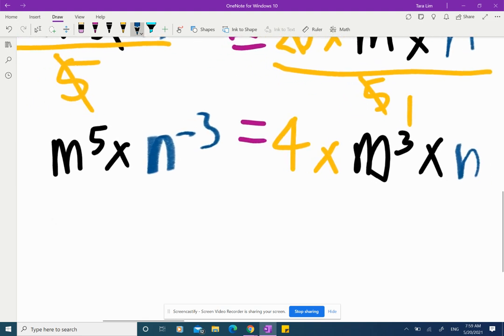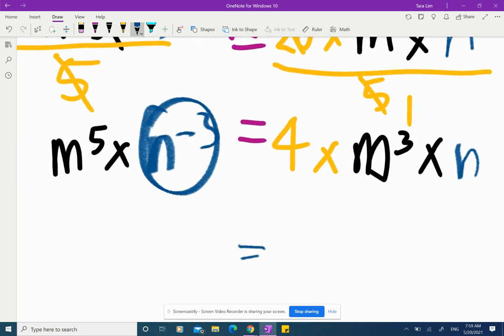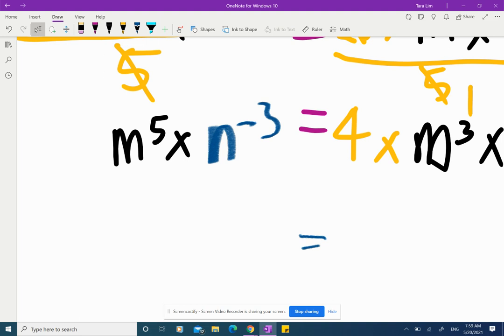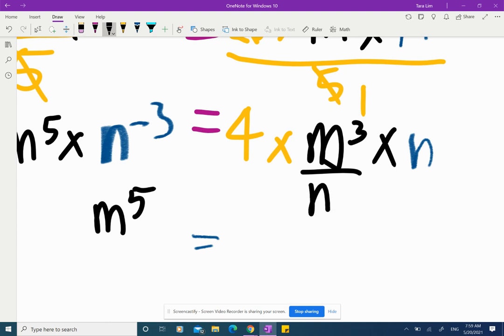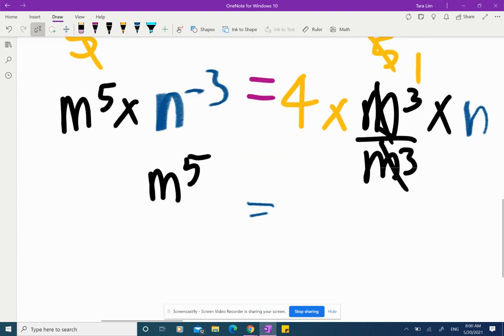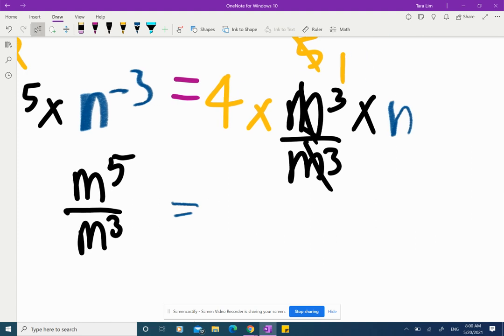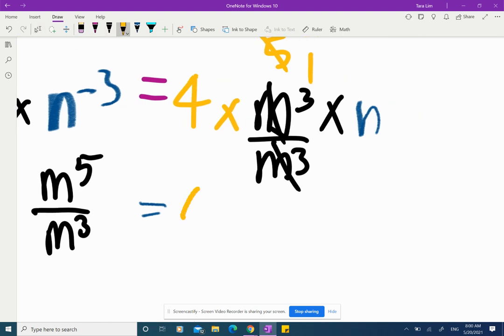And now we want to move the n to the other side and the m to this side so that the m's are together and the n's are together. So m to the power of 5, if we want to remove the m from this side, we put m cubed so that it's no longer here and it becomes here. And now the n to the power negative 3, we want to move to the other side, so we'll just leave the 4 here.